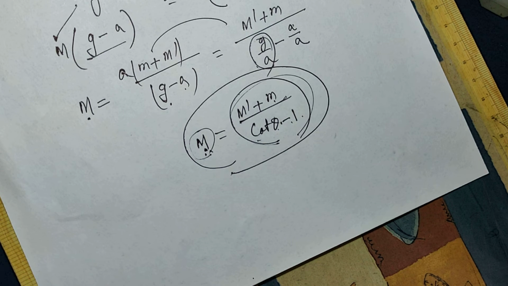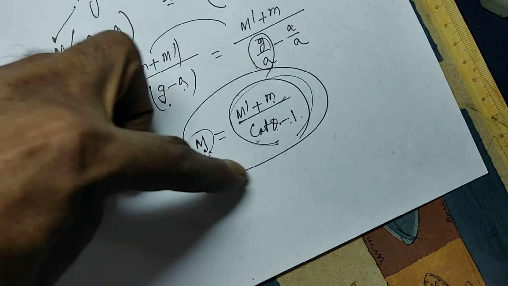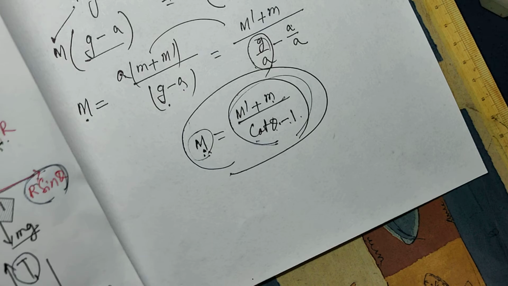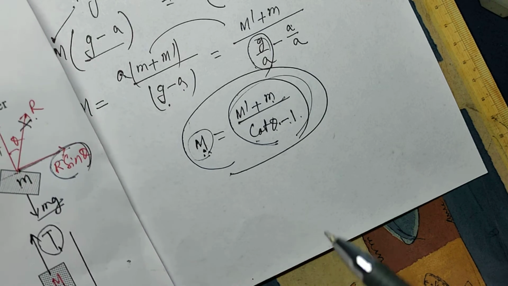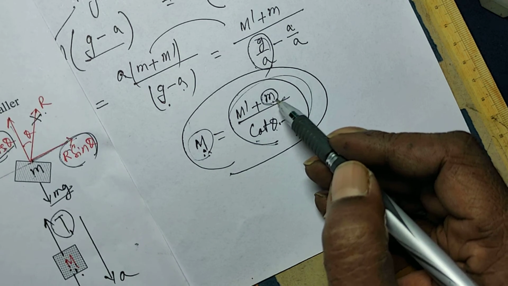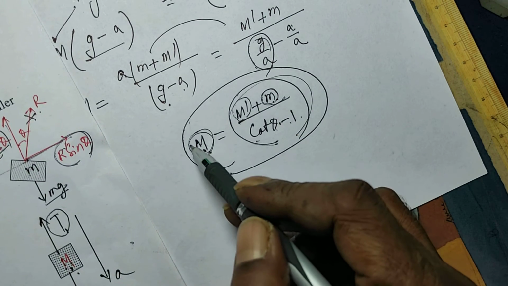Now, what else you can analyze here? If this value is more, then this value will be more. If this value is more, then this value will be more.